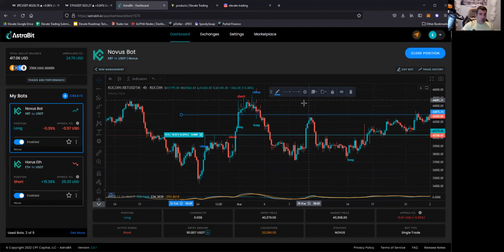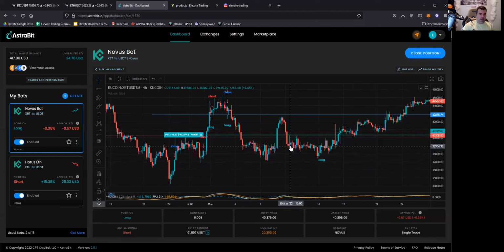There was no close and no reclaim of this resistance level. It actually showed rejection underneath the bottom of that resistance, and it rejected back down. So it held the short, even though there was that little bounce, because these are swing trade bots.